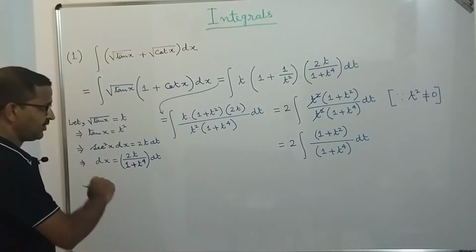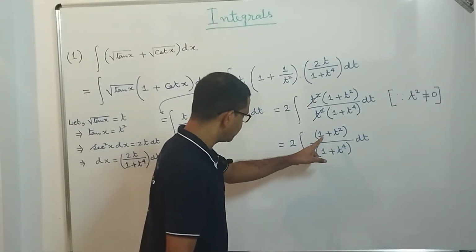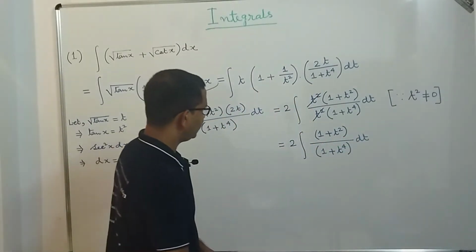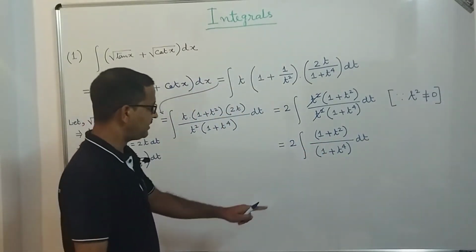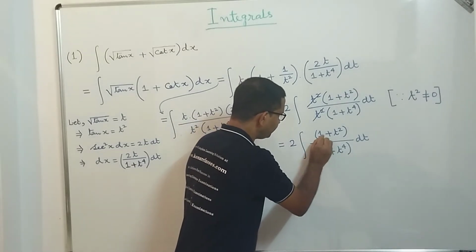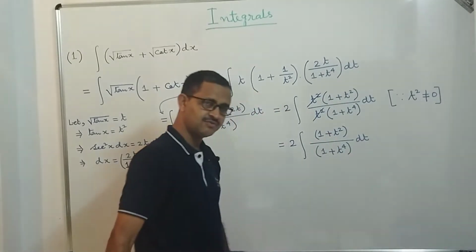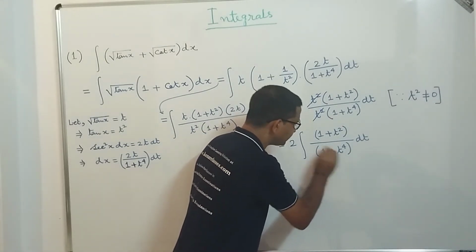Okay, so now let's concentrate on this. How to perform integration of this one. So what I'm thinking is that we can divide both numerator and denominator by t square. Then the numerator becomes 1 plus 1 by t square, and the denominator becomes 1 by t square plus t square.